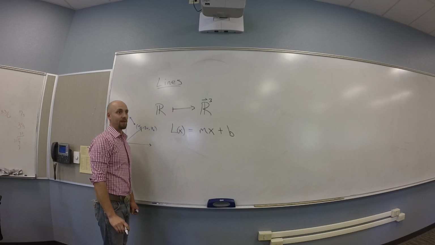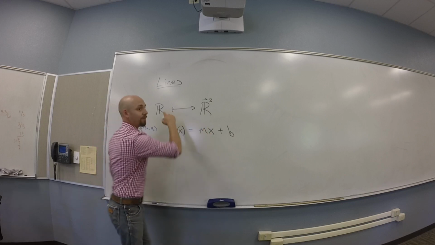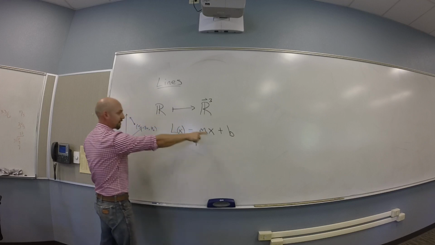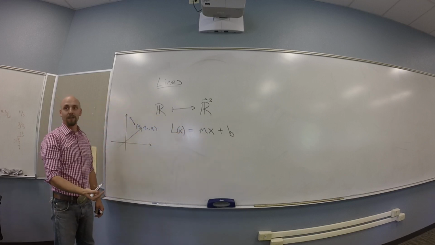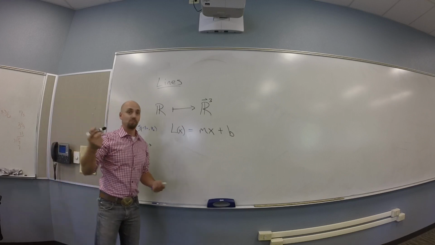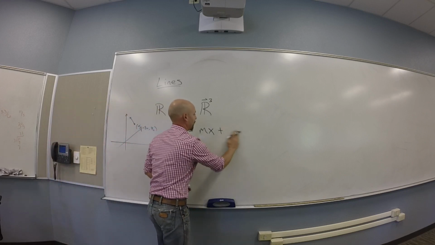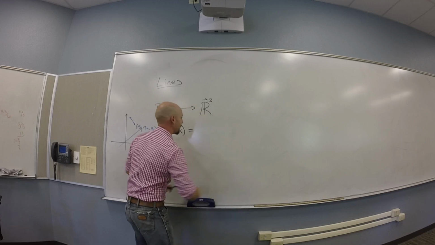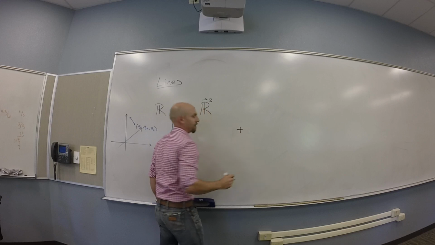Okay? The x is still going to be my input variable. That's going to be my one-dimensional thing. But now I need this stuff to be stuck into R3, right? B should be x naught. Close. Let me give myself a little more space. Okay.